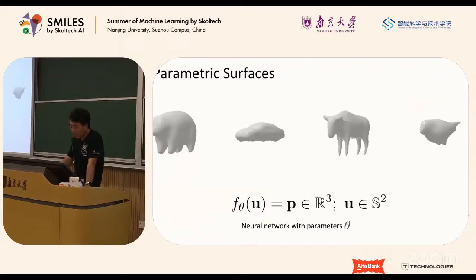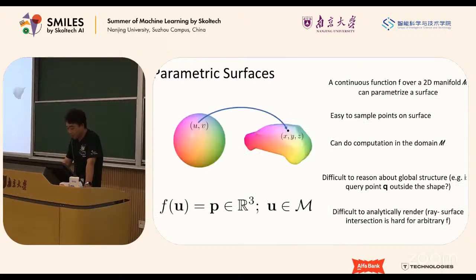Here is an example of the parametric surface. We can use a network to represent the shape of different animals. Here we can first use a network to initialize a sphere.